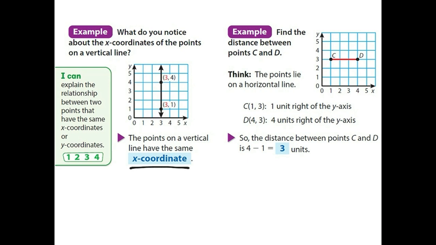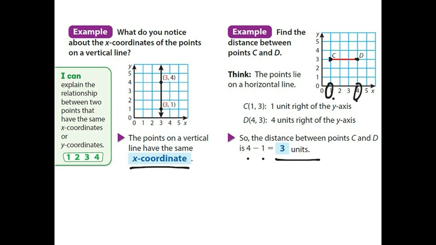So C, 1, 3, is 1 unit right of the y-axis. So we got it right here at 1. D, 4, 3 is 4 units right of the y-axis. See? 4. So you've got 1, and 4. So the distance between the points C and D is 4 minus 1. 4 minus 1, so that's 3 units.